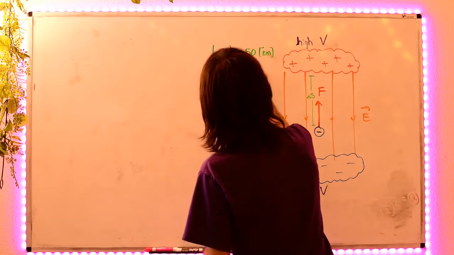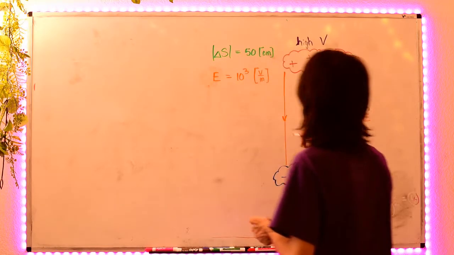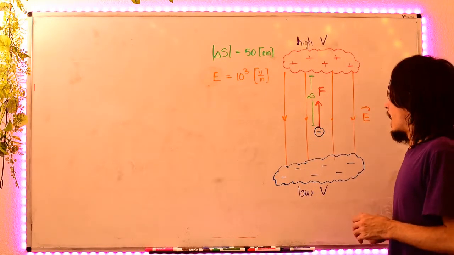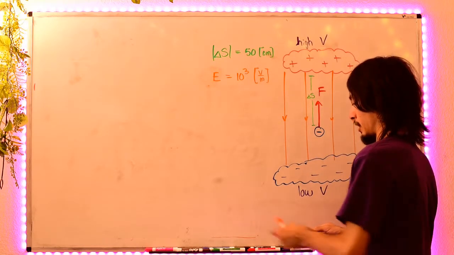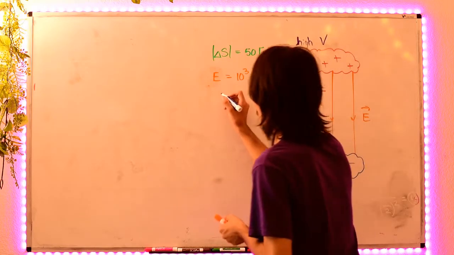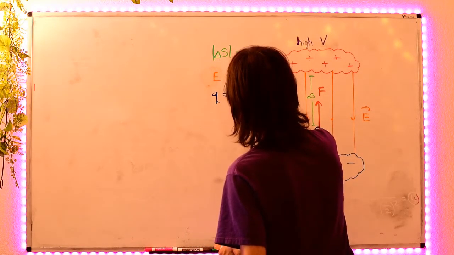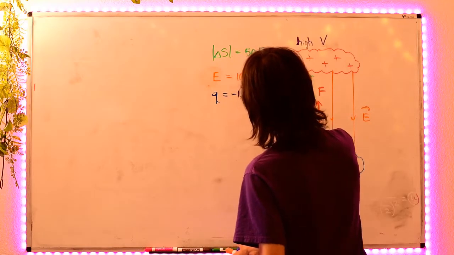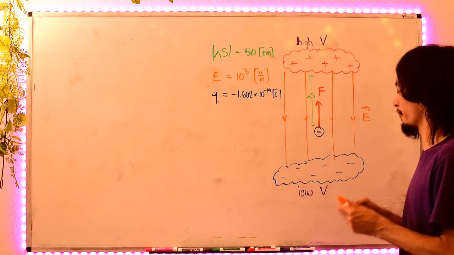10 to the third volts per meter. Okay. Now, I want the change in potential energy for this electron, and Q is the charge of an electron, which is 1.602 times 10 to the minus 19th coulombs of charge.